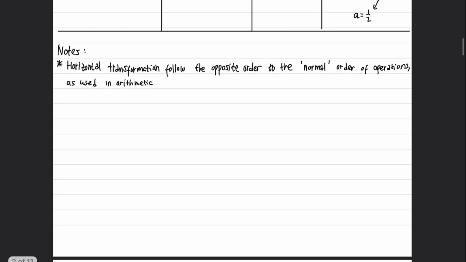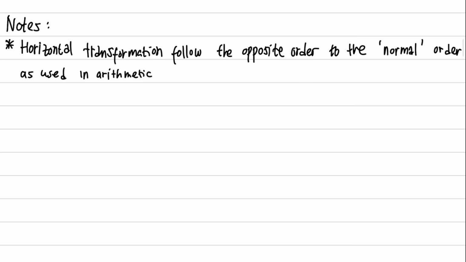Notes: horizontal transformations follow the opposite order to the normal order of operations as used in arithmetic. So let's say I have f(x), and I want to translate the function to the left by 3.